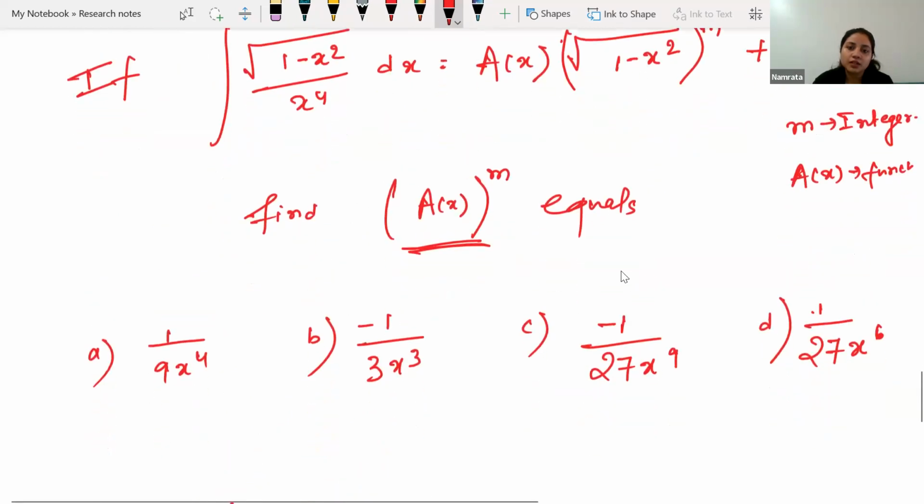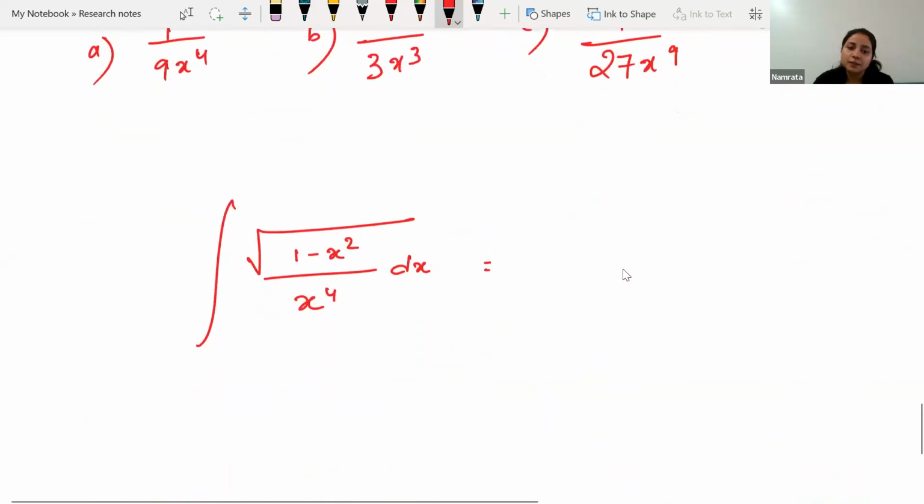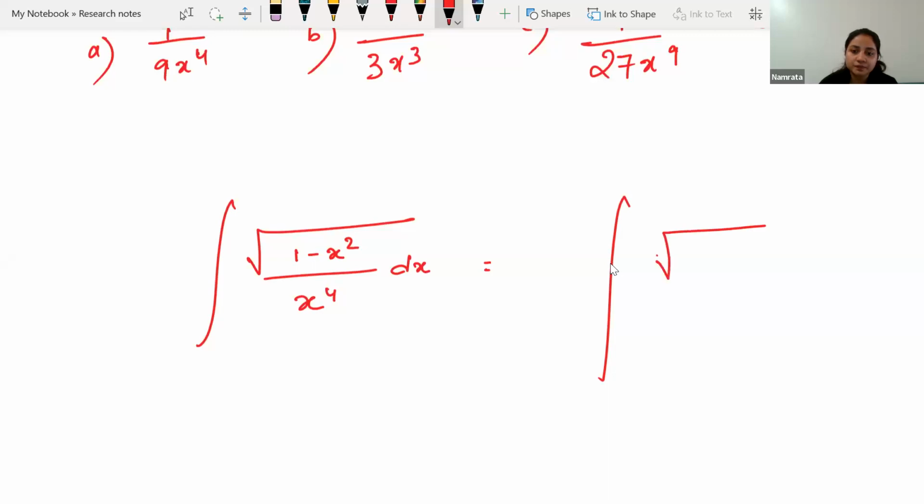The other part is not indicating anything. It's just under root 1 minus x square. If we take x square common from here, we will have 1 by x square minus 1 over x to the power 4 dx.